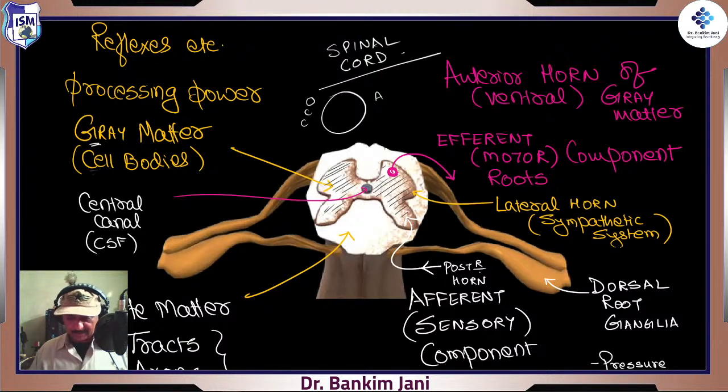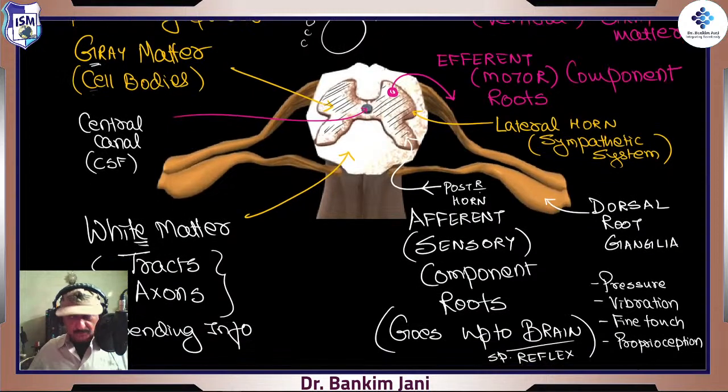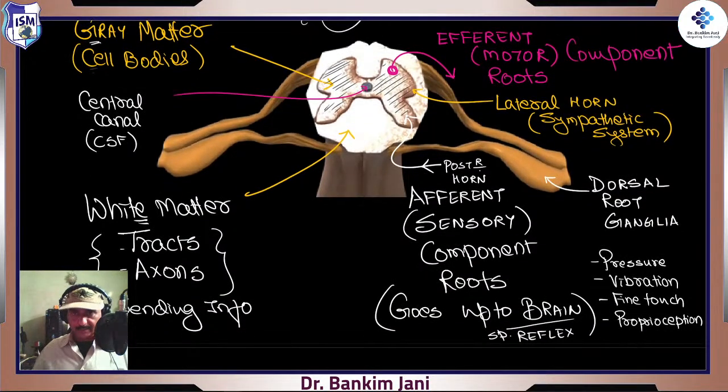And we have got all those connections in the form of white matter, right? That's the white matter. So the white matter is outside, right? That's the white matter which is having all those tracts and the axons. So that will send the messages up or down, sending information.